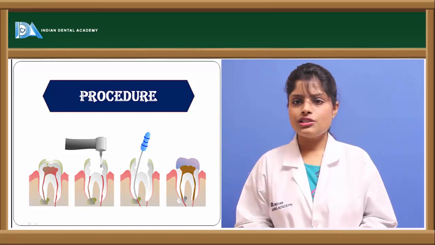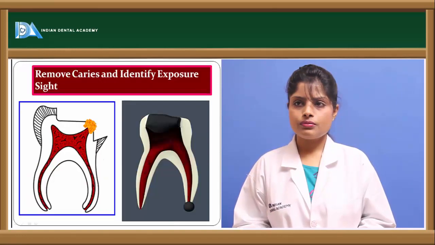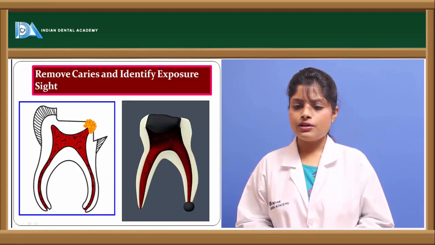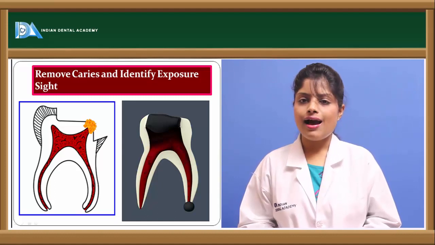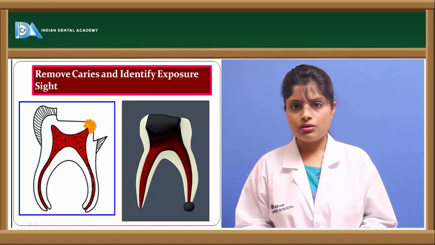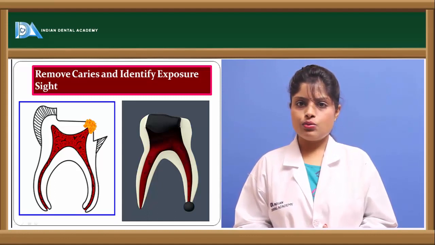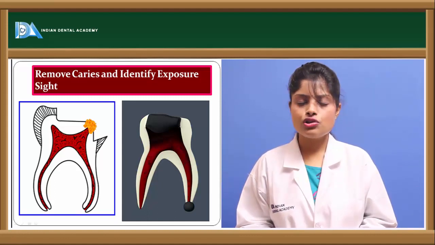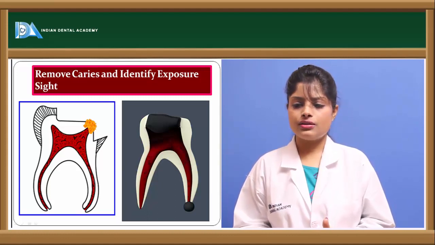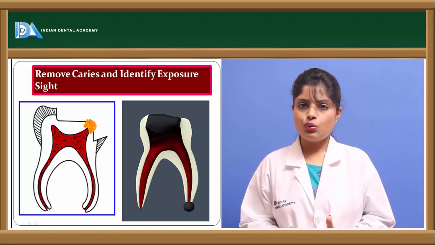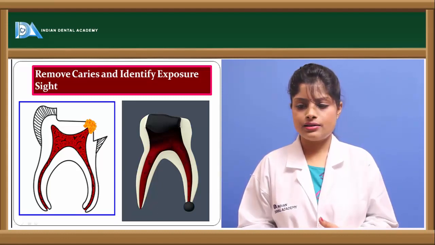Now what is the procedure for the same? First and foremost step is to give local anesthesia and apply the rubber dam. Then all the caries present over the coronal portion of the tooth is removed and access is obtained with a high speed round bur number 7 or number 8.